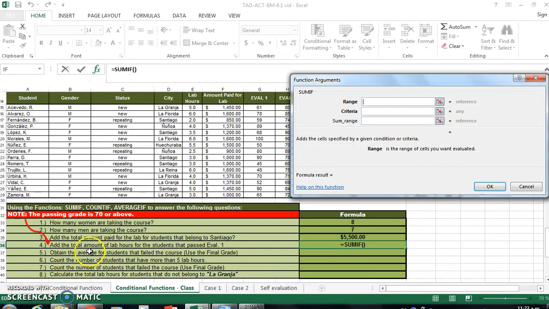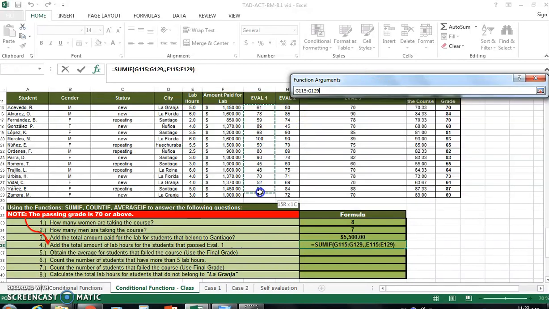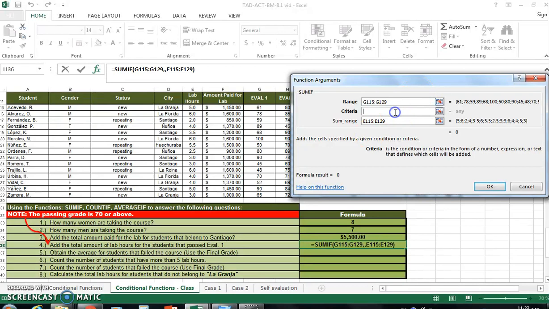So it's the total amount of lab hours, the sum of the lab hours, box number 3, what we need to calculate. And then, not for everybody, only for the students who passed evaluation 1. So the range of cells containing evaluation 1 is this one, and the criteria for passing is 70 or above, so greater than or equal to 70. And that's it. Okay.